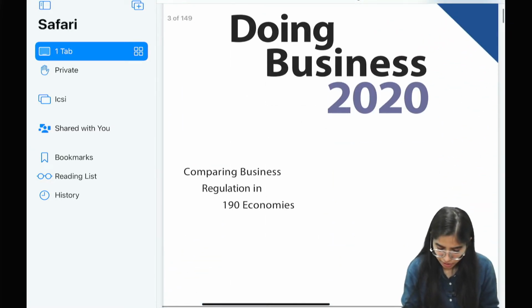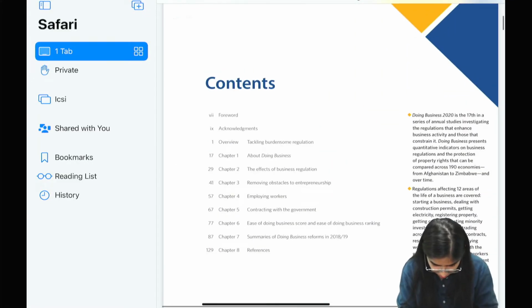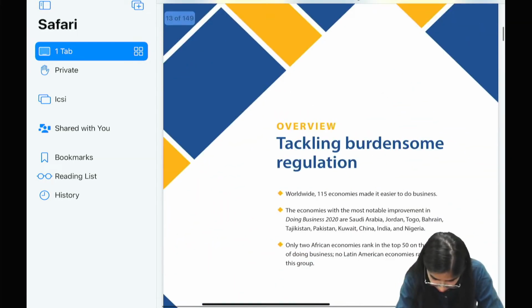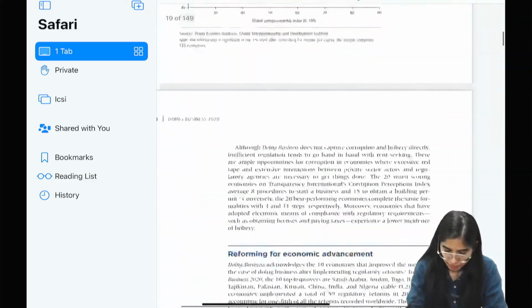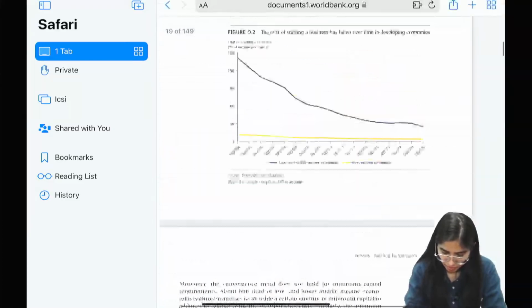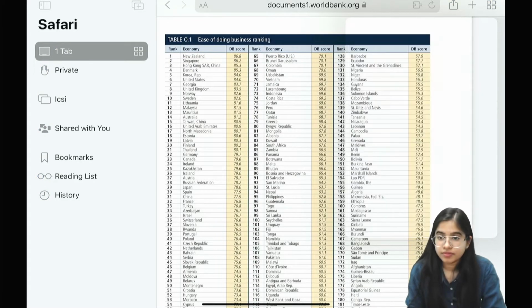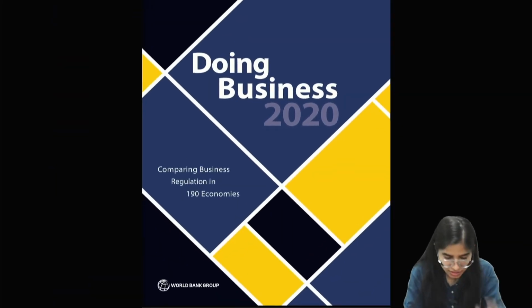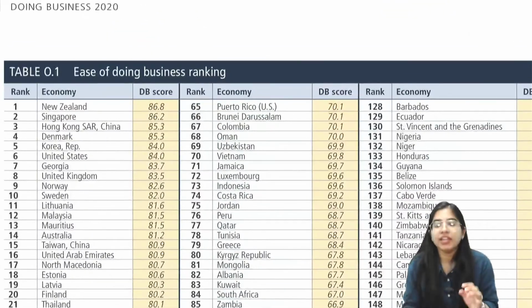If you see this table in this particular DBR, here you will see the total list of 190 countries.